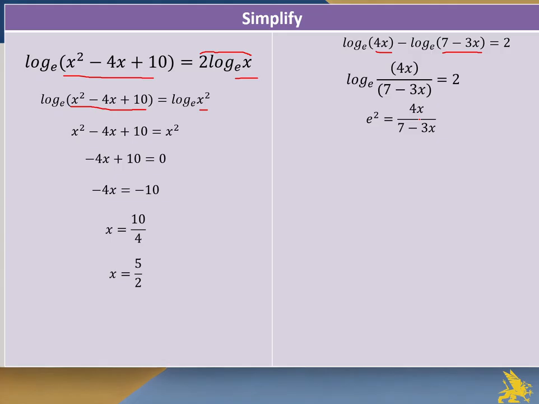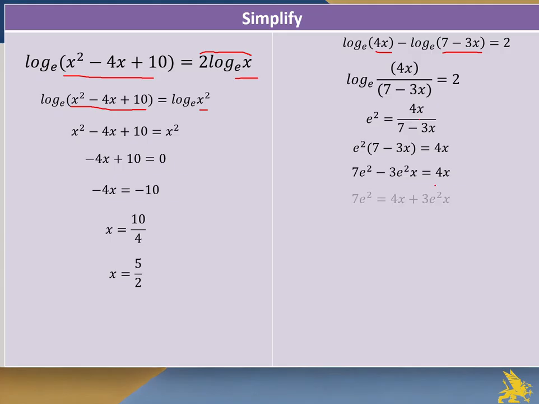I'm going to try now and get x by itself, so I'm going to times both sides by 7 minus 3x. I'm then going to expand, so this will be 7 times e squared and negative 3x e squared is equal to 4x.